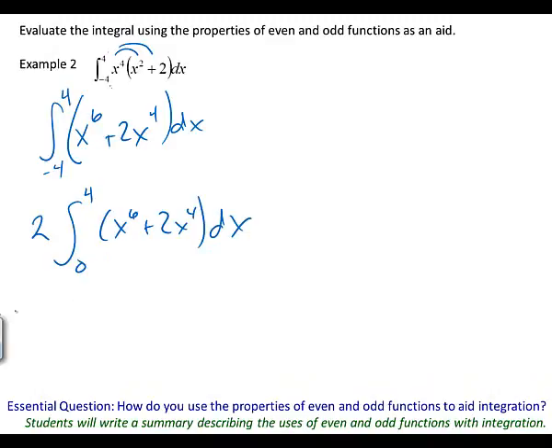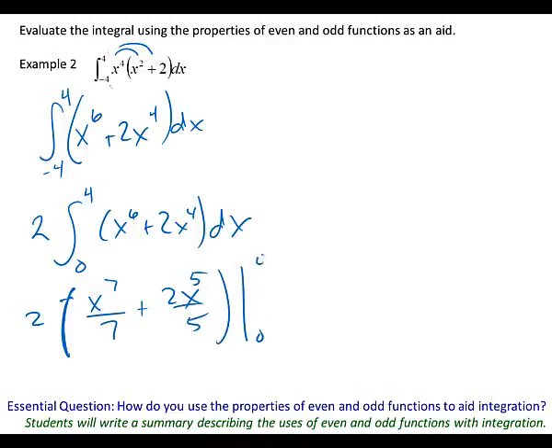All right, let's go ahead and integrate. So I've got 2 hanging out in front. I'll put a parentheses. X to the what? 7th over 7 plus 2x to the 5th over 5 from 0 to 4. The upside is I don't have to plug in the -4, right? Because these are pretty ugly exponents.